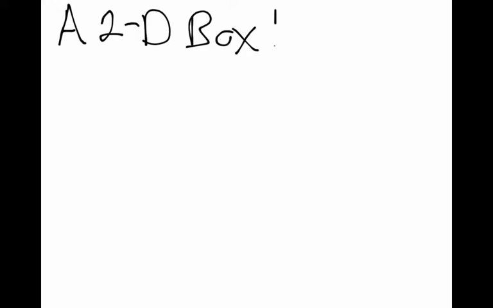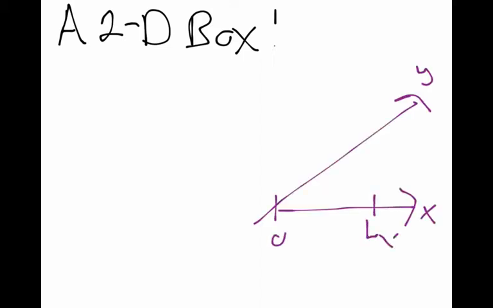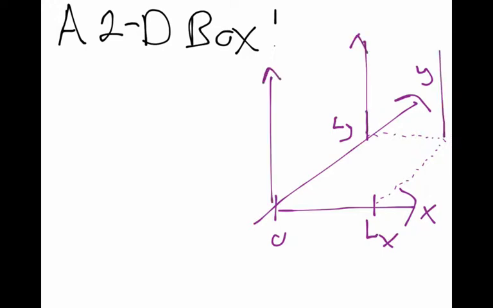Instead of just a line, x, that a particle is bouncing back and forth on, let's make a box in the xy plane. Let's lay out a square in the xy plane going from 0, the origin, to L sub x and L sub y, and let the particle bounce around inside that square.